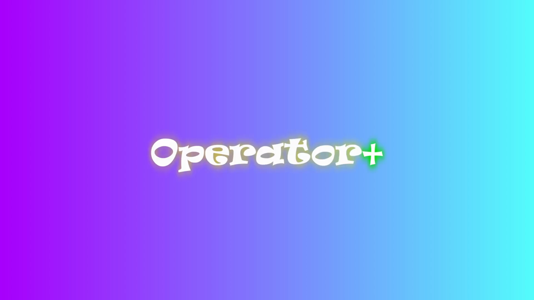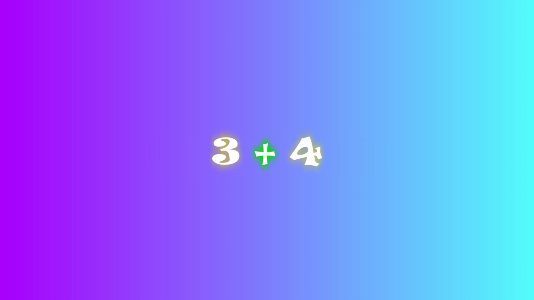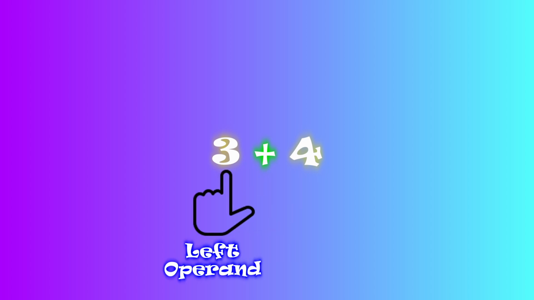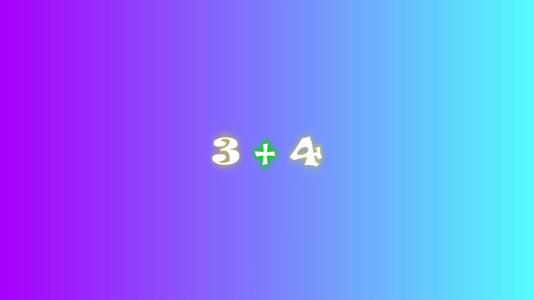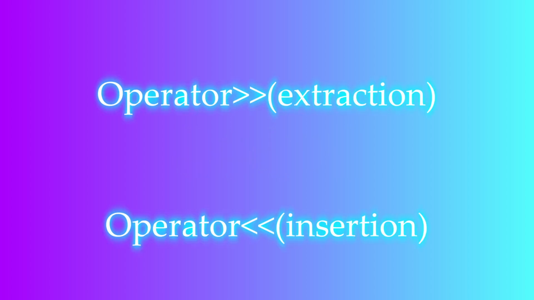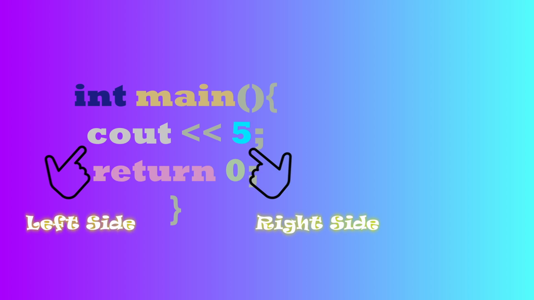For example, given 3 plus 4, operator addition takes the left operand 3 and the right operand 4 and applies mathematical addition to produce a new output value 7. The insertion and extraction operators are binary operators, taking std::cout or std::cin on the left side and the value to output or variable to input to on the right side.